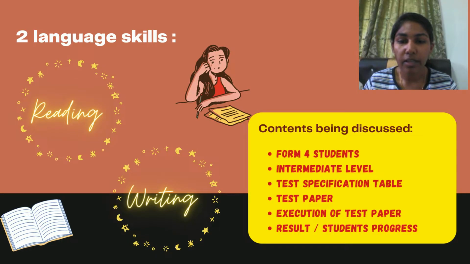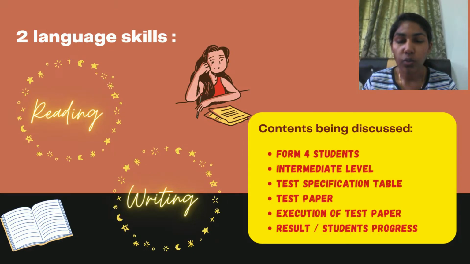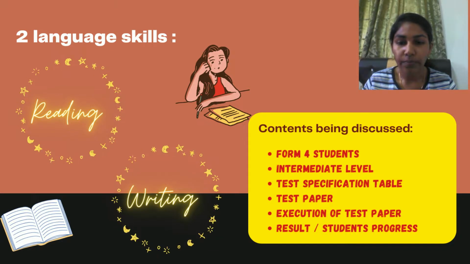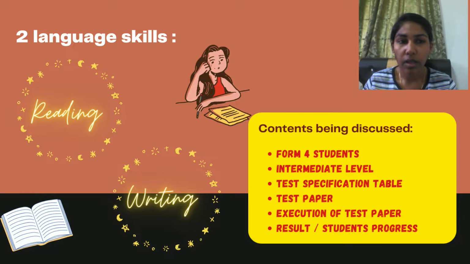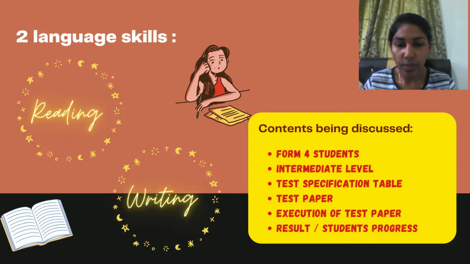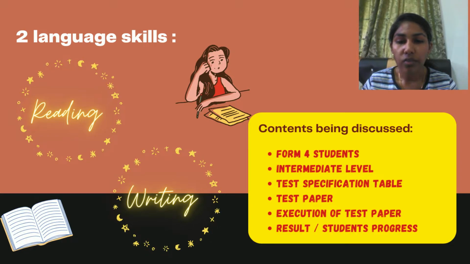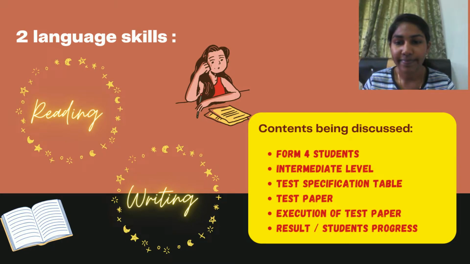The content discussed in this presentation is for students at intermediate level: the test specification table, which is for the purpose of assessing the language skills, the test paper, the execution of the test paper, and the results obtained, and also the students' progress.